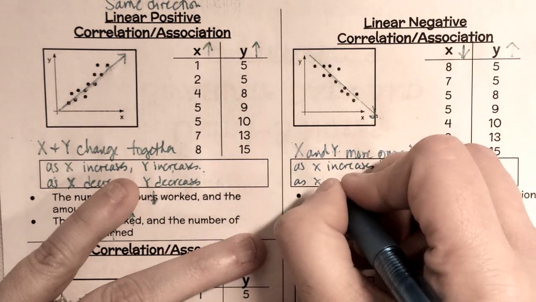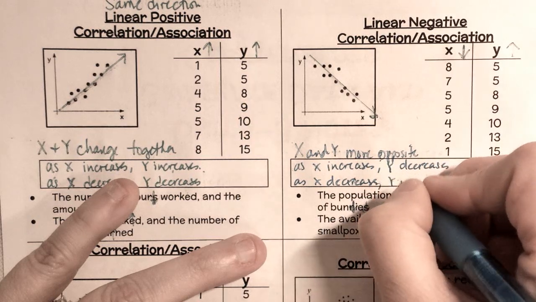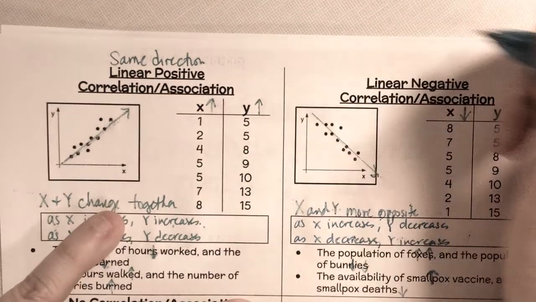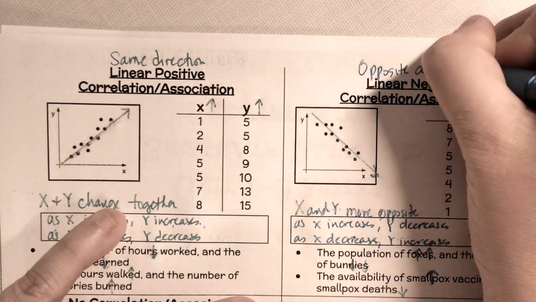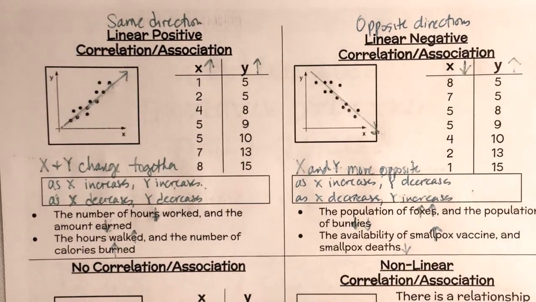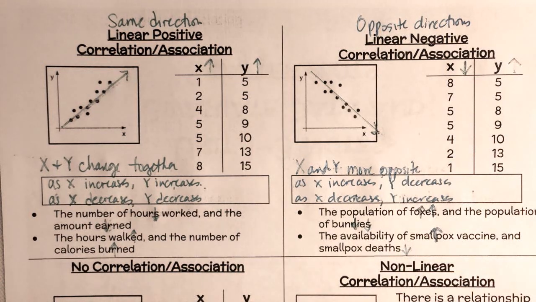As x decreases, y increases. So again, this time they're going in opposite directions. All right, so that's positive and negative, and those linear positives and linear negatives are the ones that give us useful information at this point.